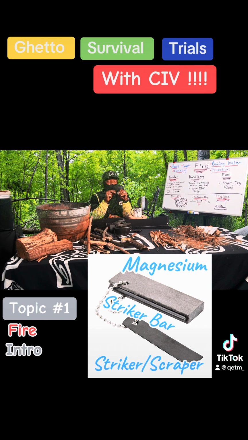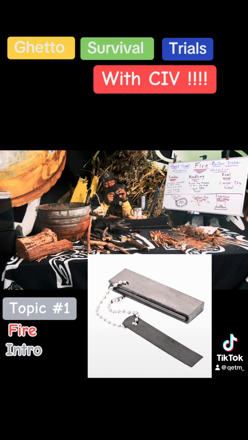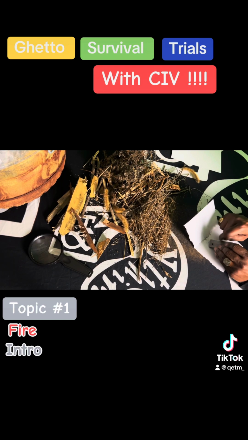So what you're supposed to do is shave this magnesium side down. I found it easier to use the flat side, the same side that I used to strike this with. I used it to shave this down. Now it has a serrated edge on the other side, but I guess it's for creating dust, you know what I'm saying? That would just take too long. So I was just scraping it with this, getting my shavings.